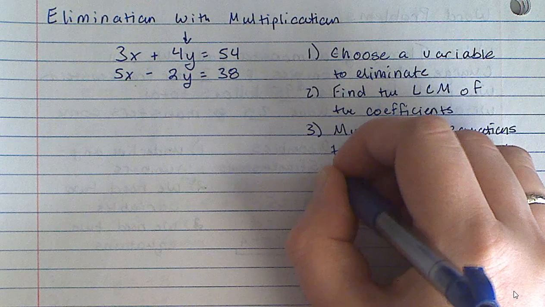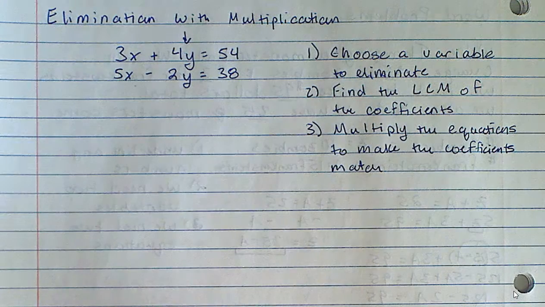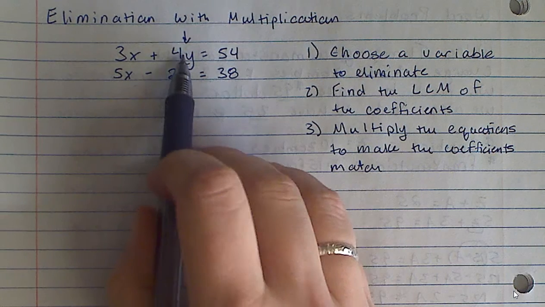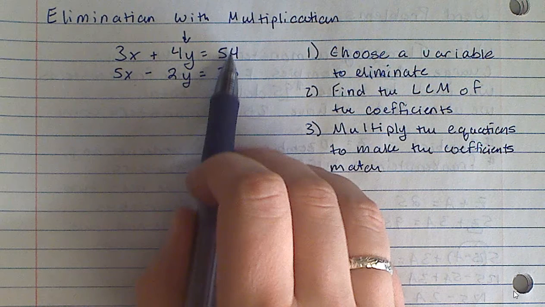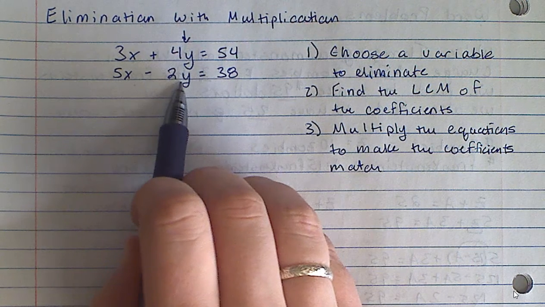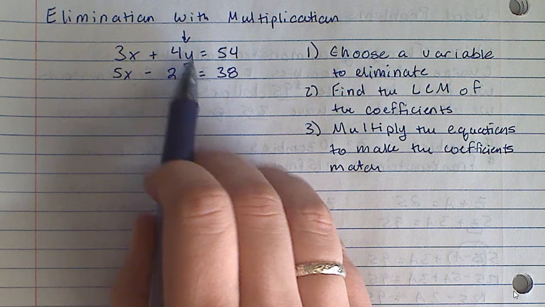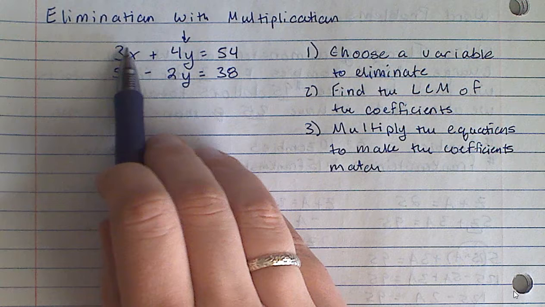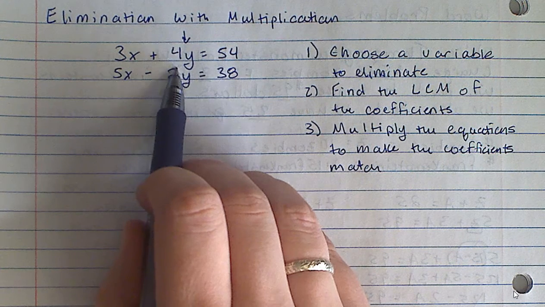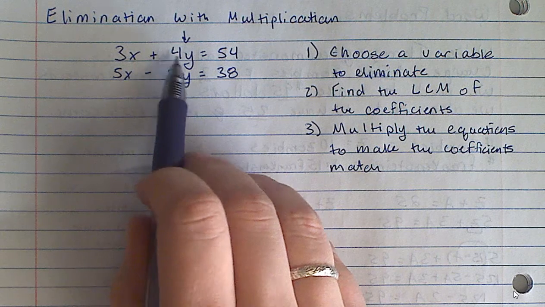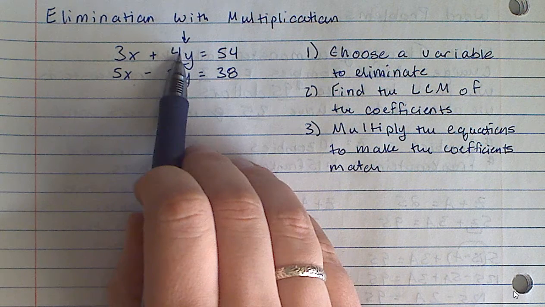I want to make just these two coefficients match, not the x's and not the constants. I'm focusing just on the ones that Juju said she wanted to eliminate. She wanted to eliminate the y's, so I don't care about the x's right now, and I don't care about the constants. I'm going to multiply the entire equation by whatever I need to make the coefficient of y be 4.